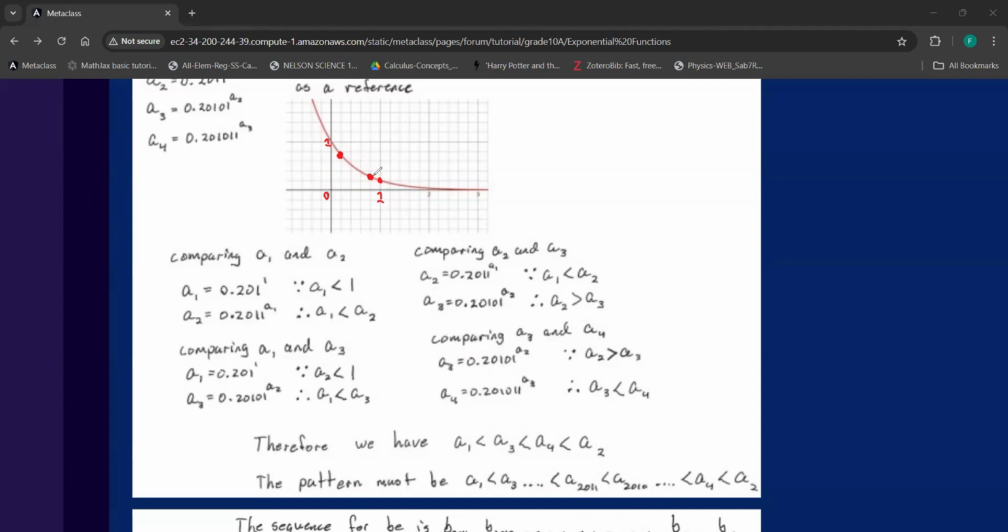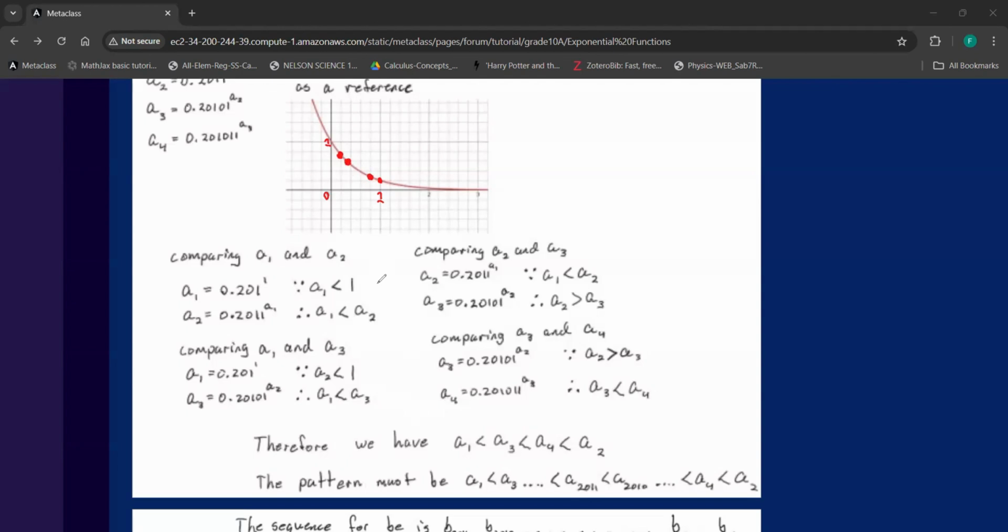Because A3's value is a low number, it's a small number, that means A4 is going to be somewhere here.